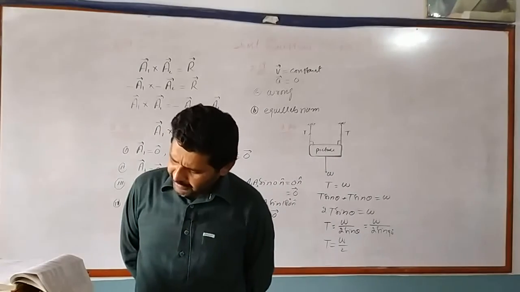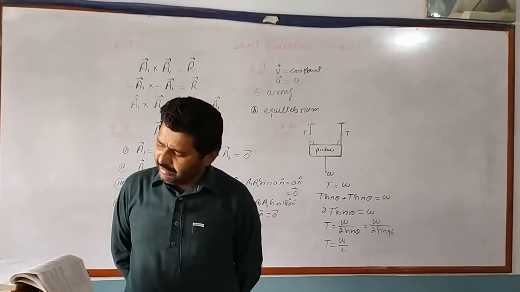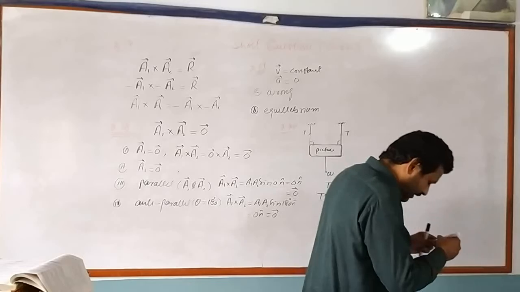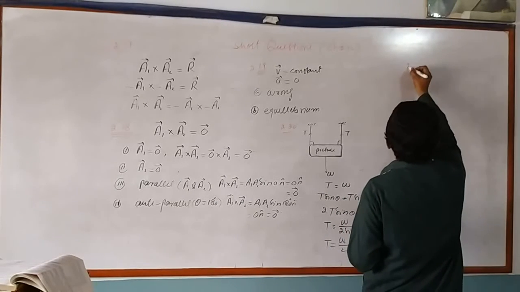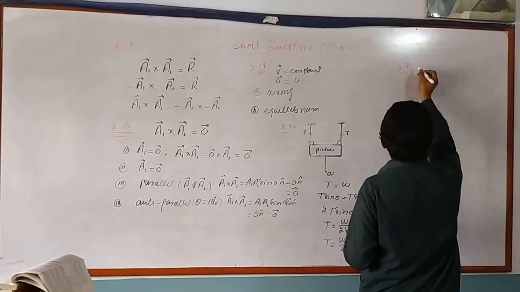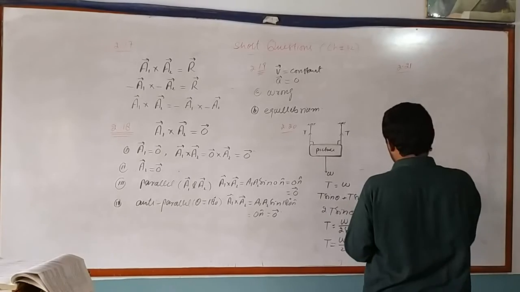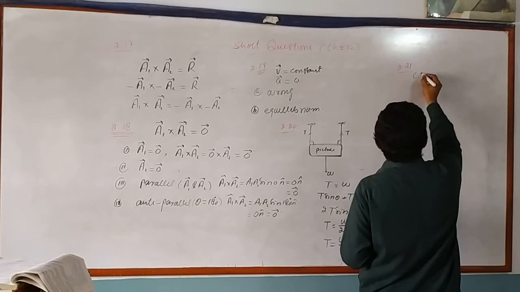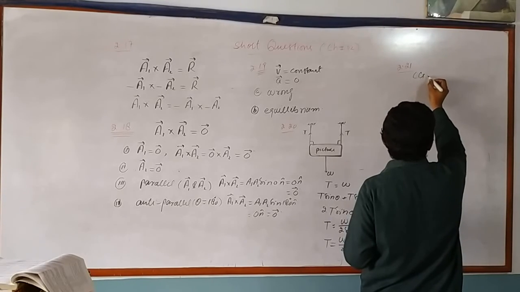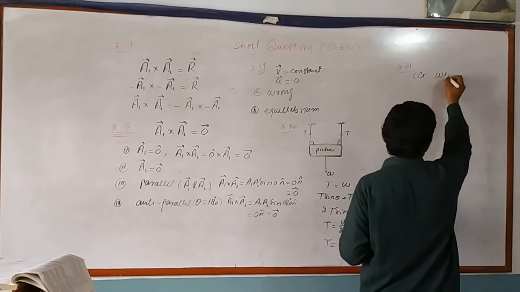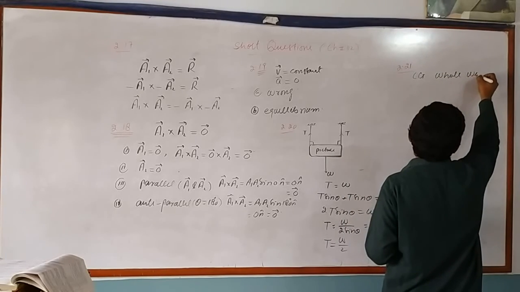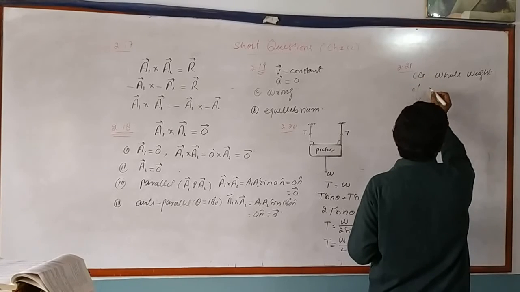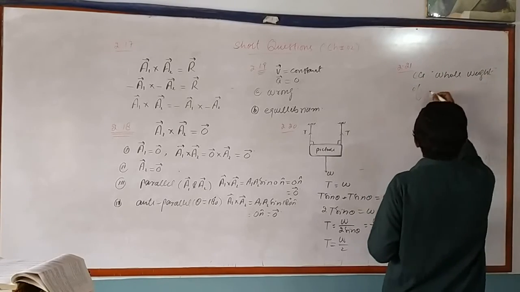Last question, question number 21: can a body rotate about its center of gravity under the action of its weight? We know that CG, center of gravity, is the point at which the whole weight of the body acts.